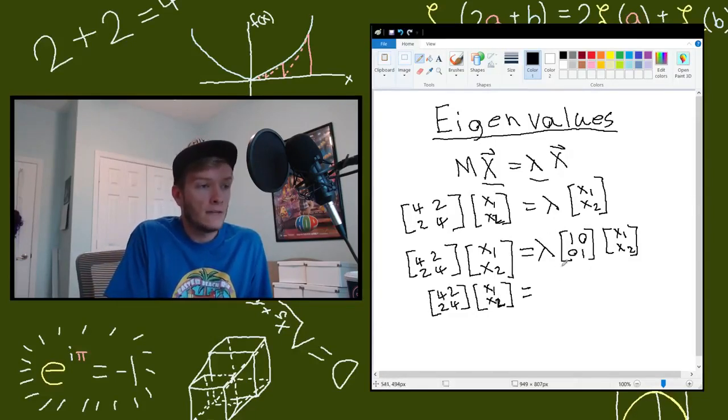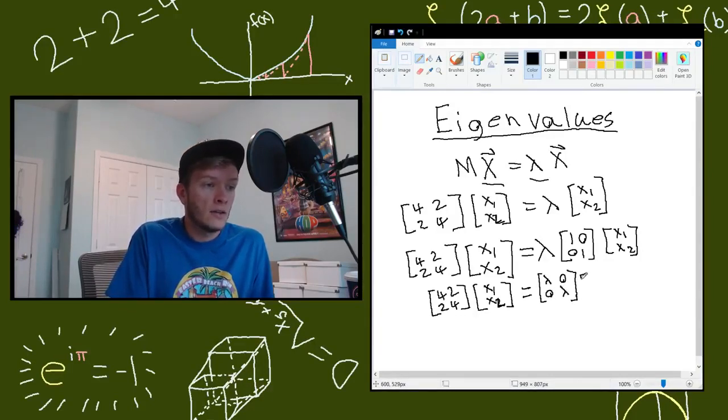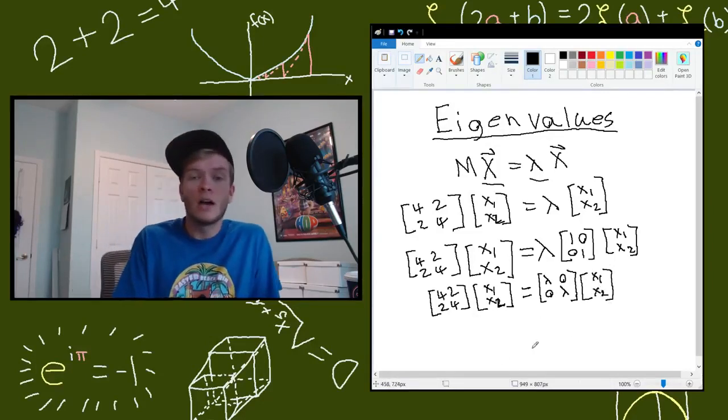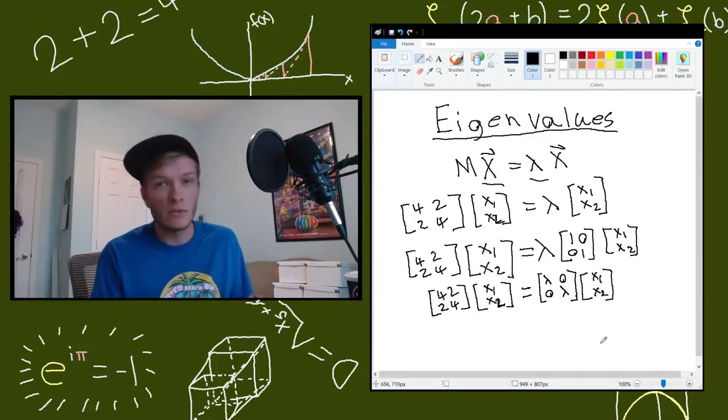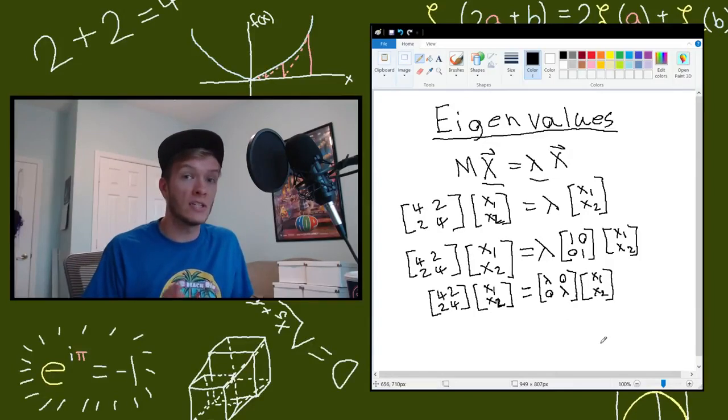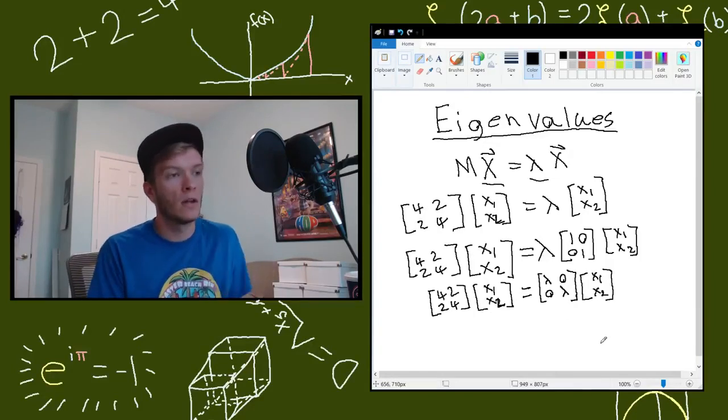So we are going to have lambda, 0, 0, lambda, and then x1 and x2. And so now we have a matrix times a vector on both sides, so it's a little bit easier to see how this might work out in the long run.